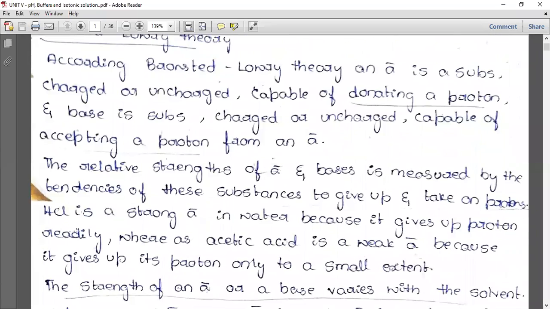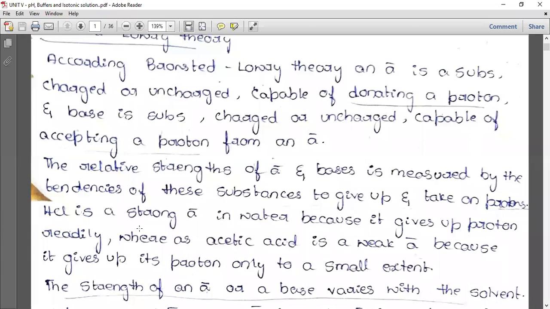Not only this, for example, HCl is a strong acid. All of you are okay with this? HCl is a strong acid in water because HCl on dissociation gives H+ ion and Cl- ion. Since a single molecule of acid is giving a single H+ ion, it's a strong acid, right? This is only when we add it into water.